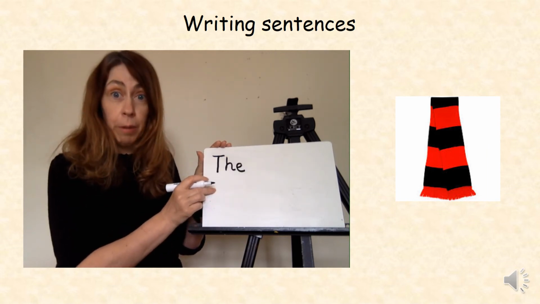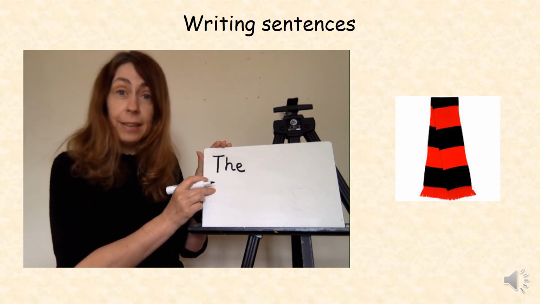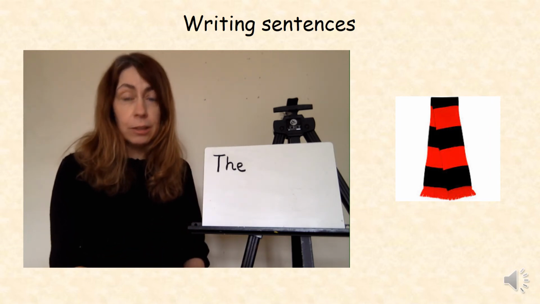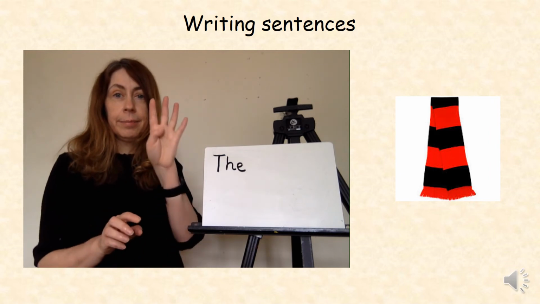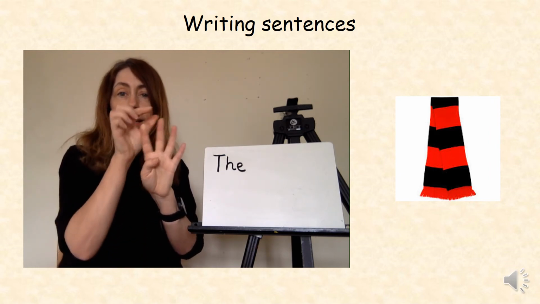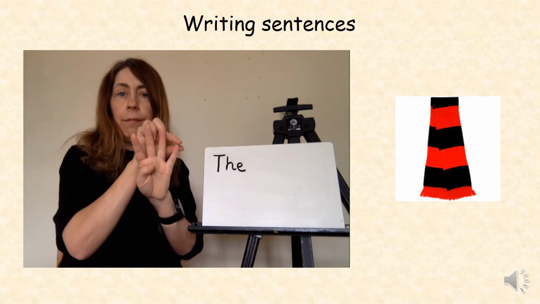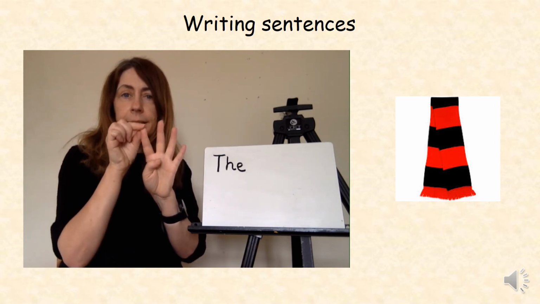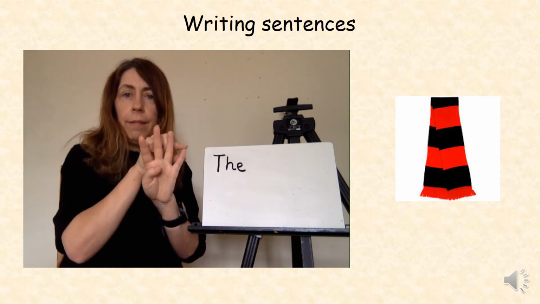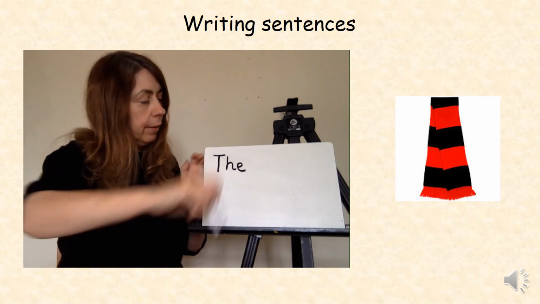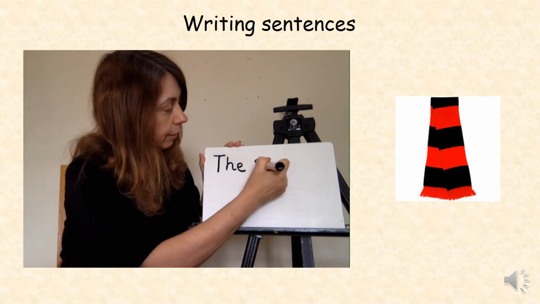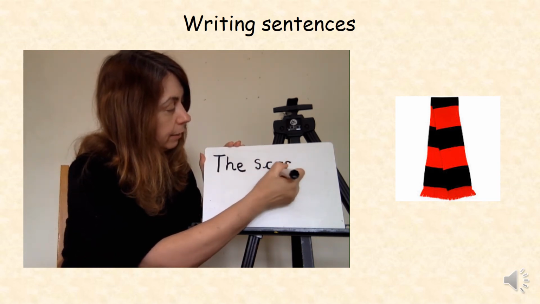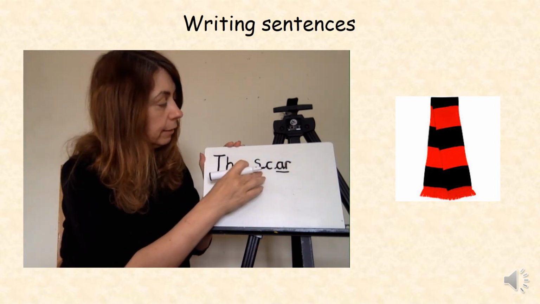The. Did you remember how to write it? The next word is scarf. Let's use red fingers to break that word down. Scarf. S-k-a-f. Scarf. Let's do that again. S-k-a-f. Scarf. S-k-a. That's the digraph. It's got 2 letters.